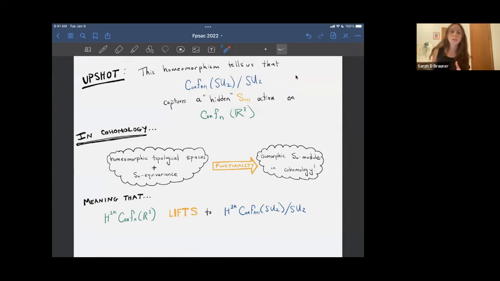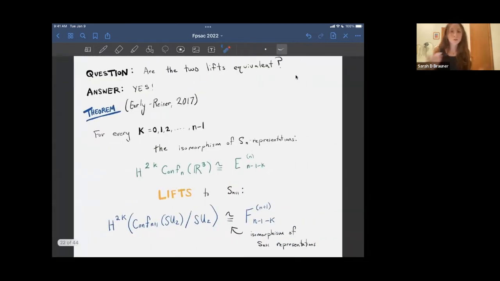Okay, so when we move to the level of cohomology, functoriality is going to tell us that this S_n representation carried on the pieces of this cohomology ring of the configuration space of R^3 will lift to an S_{n+1} representation on this other configuration space cohomology.